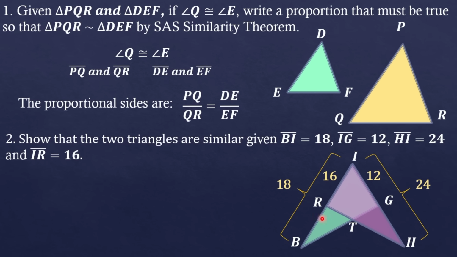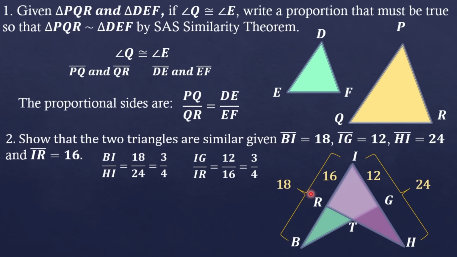Now, from the given figure, we can say that segment BI, ito po, over HI, ito po yung HI natin, so that is 18, ito pong buo, 18 over 24. Pag kinuha po natin ang simplest form niyan, that is 3/4.